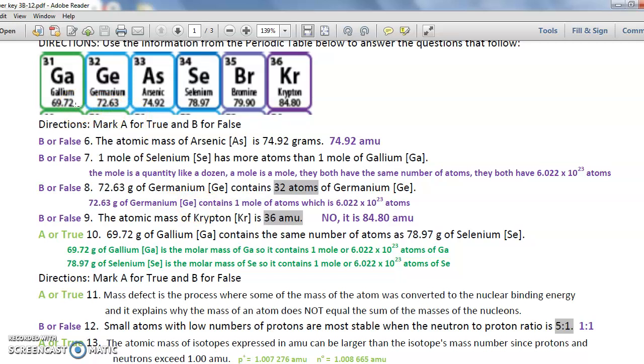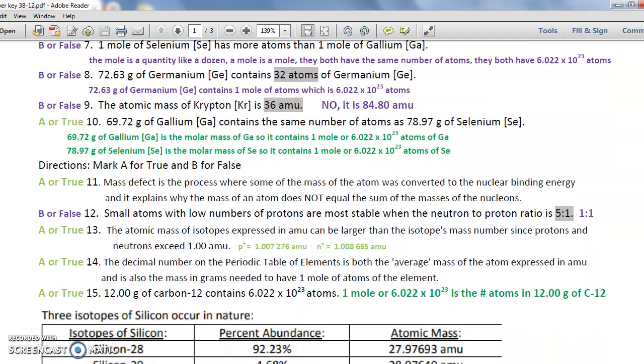And that mole of gallium atoms would have a mass of 69.72 grams, and it would contain 6.022 times 10 to the 23rd atoms. To have a mole of selenium, again, selenium is slightly bigger than gallium. So to have a mole of selenium atoms, we would need a mass slightly larger than gallium's mass. So we would need 78.97 grams of selenium to have a mole, and that mole would contain 6.022 times 10 to the 23rd atoms.